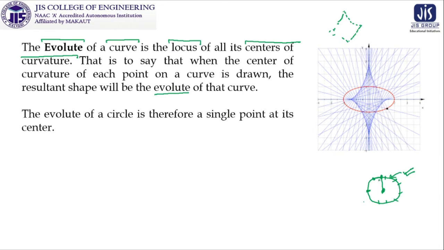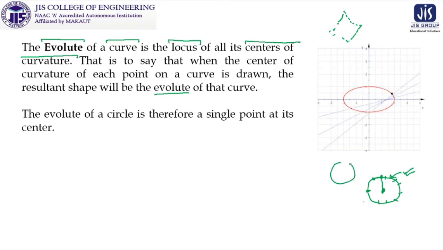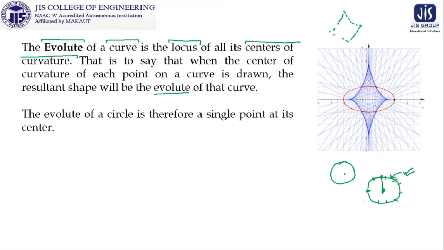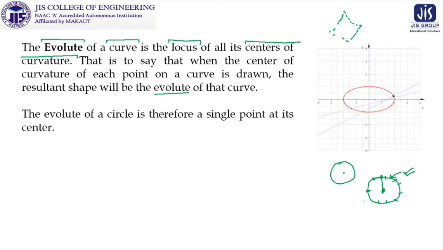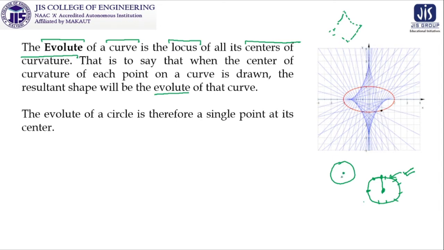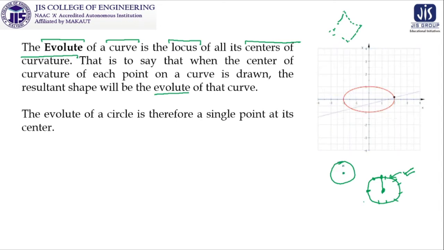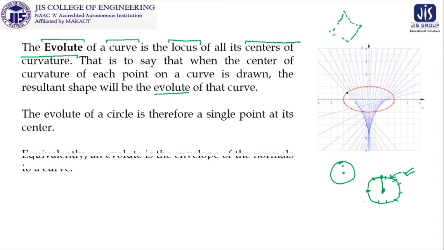So for a circle what we are getting, the evolute is nothing but the single point at its center. So this point is the evolute of this circle. So a very beautiful observation on the circle.